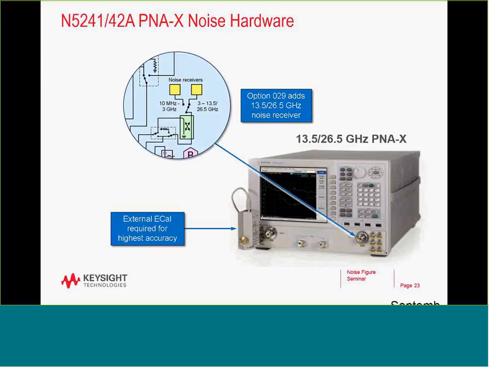They're dedicated broadband noise receivers, and they are not used for S parameters, but they're all used for noise figure measurement. On the left-hand side of the diagram, the external ECal required for vector-corrected noise figure.